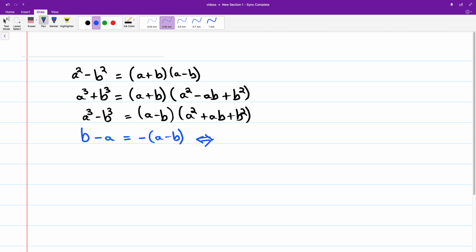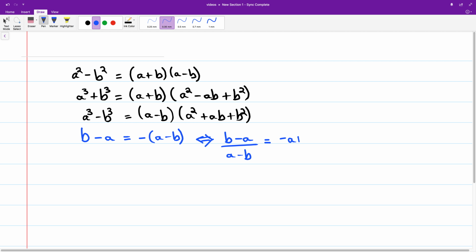In other words, if I have the ratio of b minus a to a minus b, and let's say if I reorder the terms in the numerator, so I have negative a plus b over a minus b.